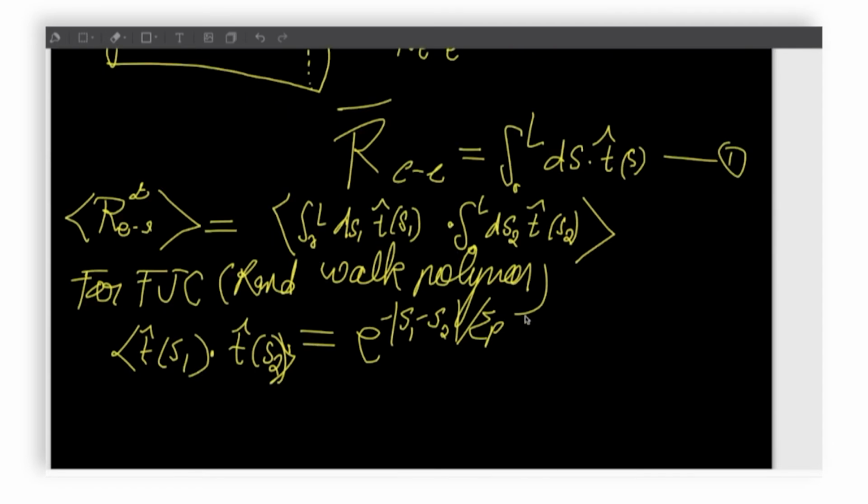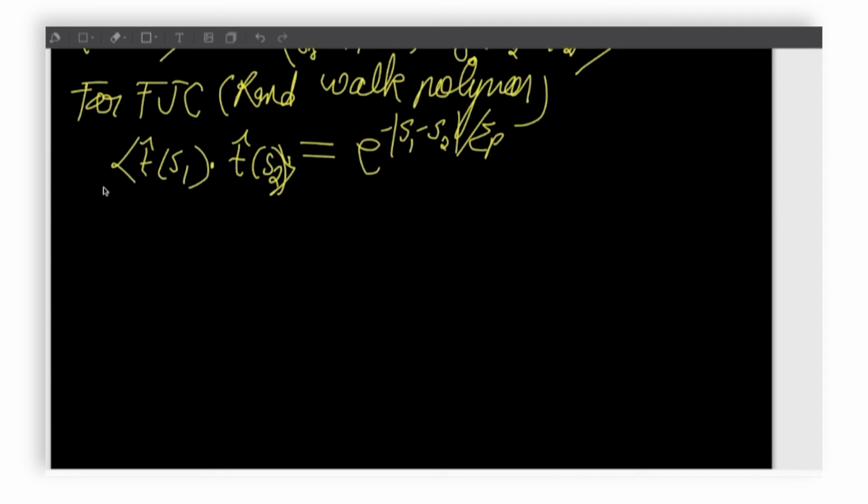So we want to do something with this expression, and for that we split the integral into two conditions, one where s1 is greater than s2, and for obvious reasons the opposite, where s1 is less than s2.